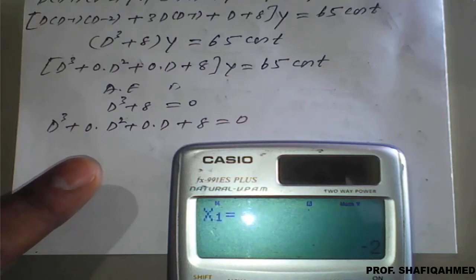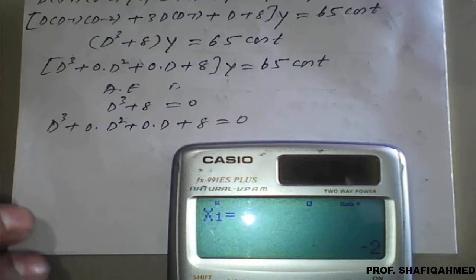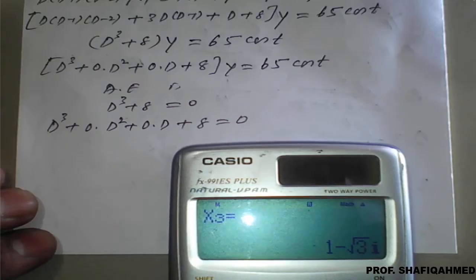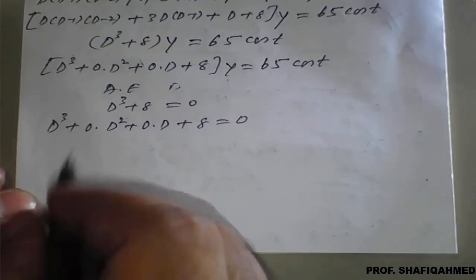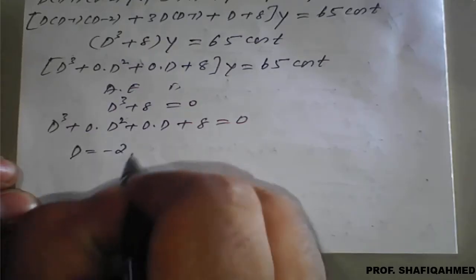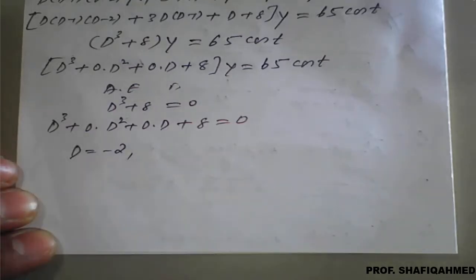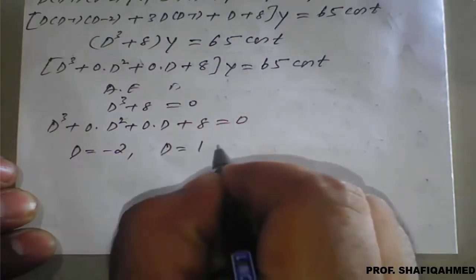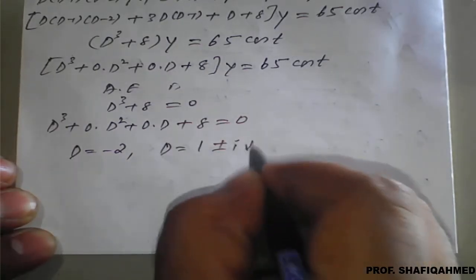See, one root is minus 2, the next root is 1 plus root 3 i, and the next one is 1 minus root 3 i. So we can write it as: one root is D equal to minus 2, and the remaining roots are D equal to 1 plus or minus i times root 3.